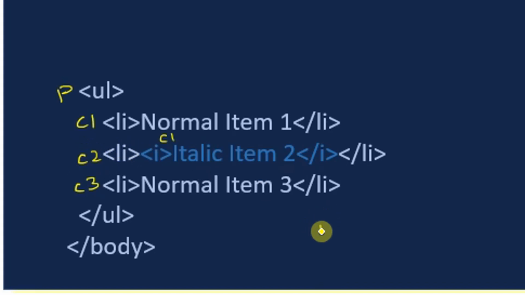So here if you see, the parent is UL. UL contains multiple list item and in which one list item contains a italic tag. So this is how the parent child will be defined. UL is parent for a list item and the second list item here, this LI is parent for italic tag.